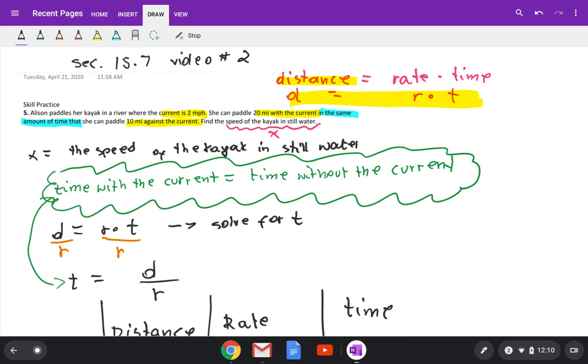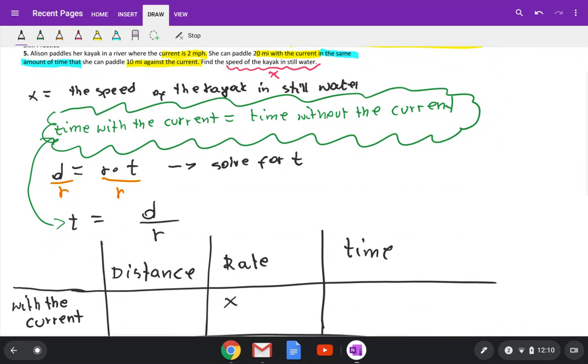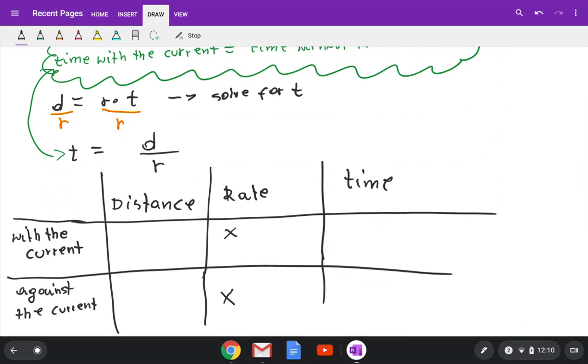Alison paddled her kayak in a river where the current is 2 miles per hour. So the speed of the current is 2 miles per hour. When we talk about rate, which is technically speed, the current will help us with the current, so our rate will be faster. So we're going to take the speed of the kayak plus the speed of the current.